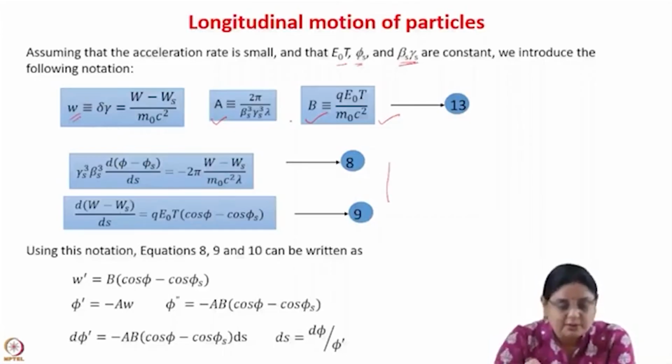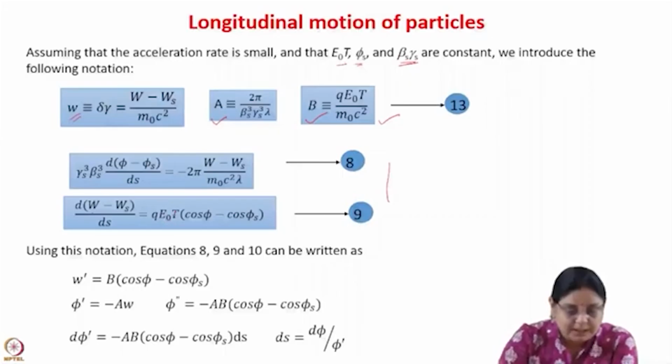Now using this notation where we have defined small w and constants A and B, these equations can be written as: w prime is equal to B times cos phi minus cos phi s. Similarly, phi prime from here can be written as minus A w.